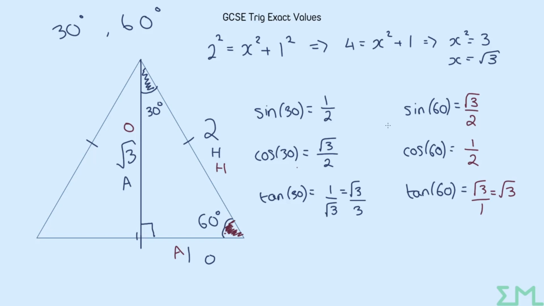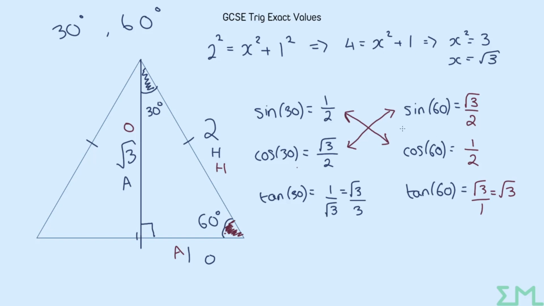Okay, so we are spotting some nice things that are happening here. Our sine 30 and cos 30, if we were to swap the values around, we would get the values for sine 60 and cos 60. So we have sine 30 is equal to cos 60 and cos 30 is equal to sine 60. And that isn't a coincidence.